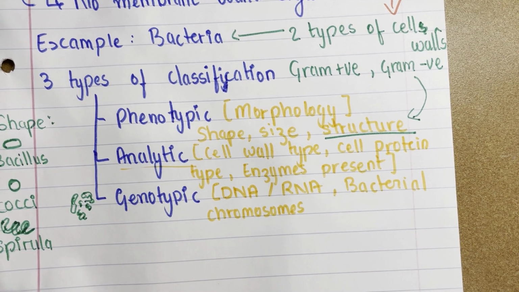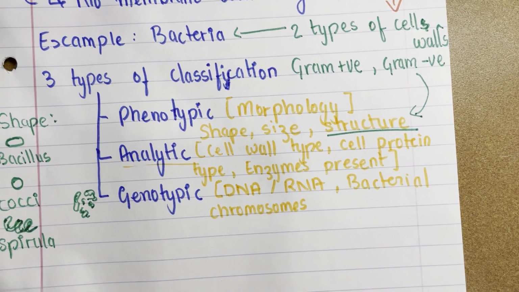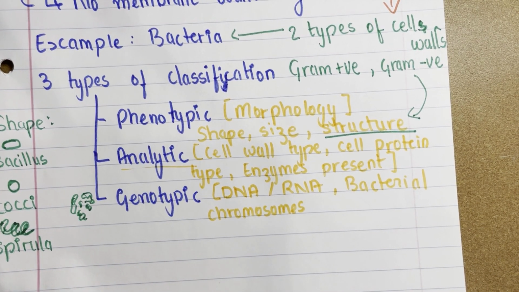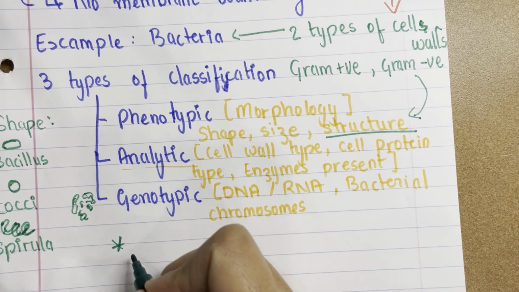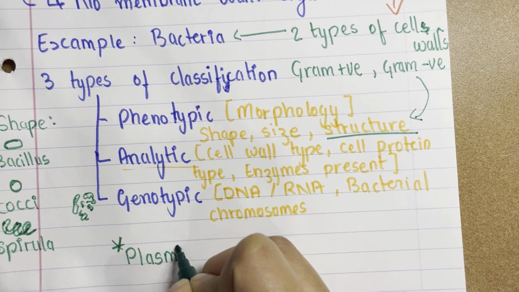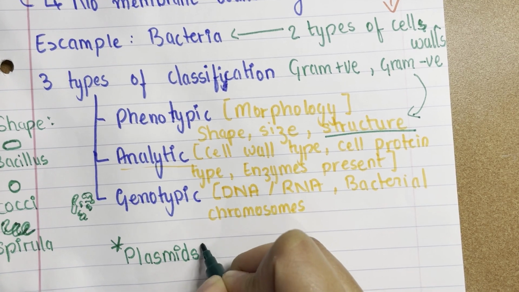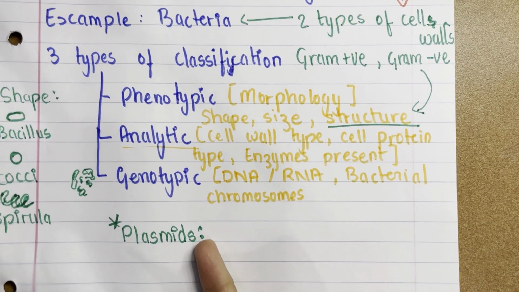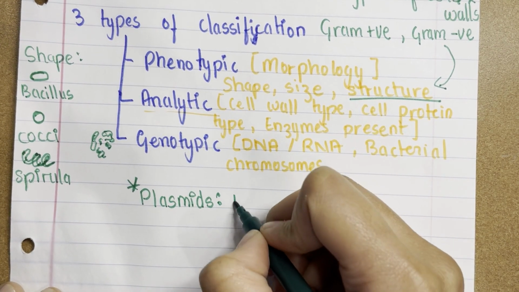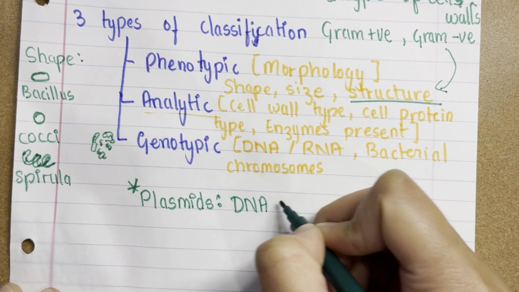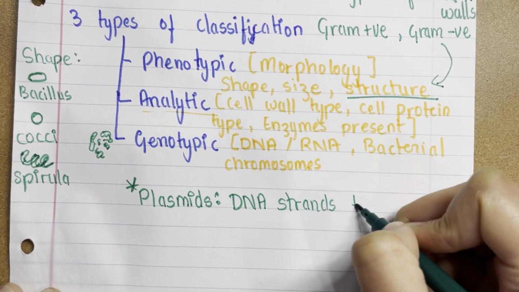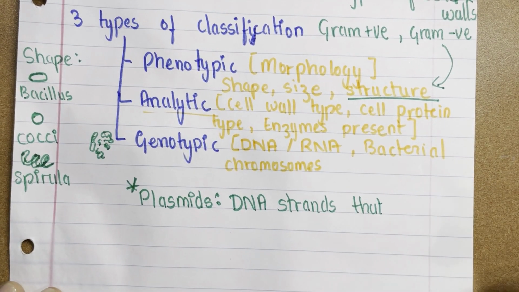One thing I would like to point out while we're at the subject of genotypic classification is that bacteria have an organelle called plasmids. Plasmids are DNA strands that form a circle, a circular DNA strand.